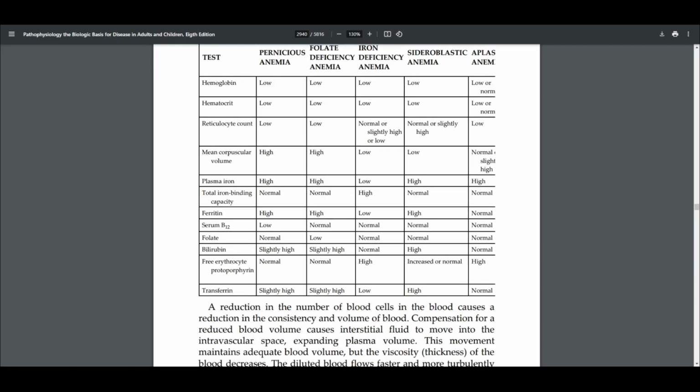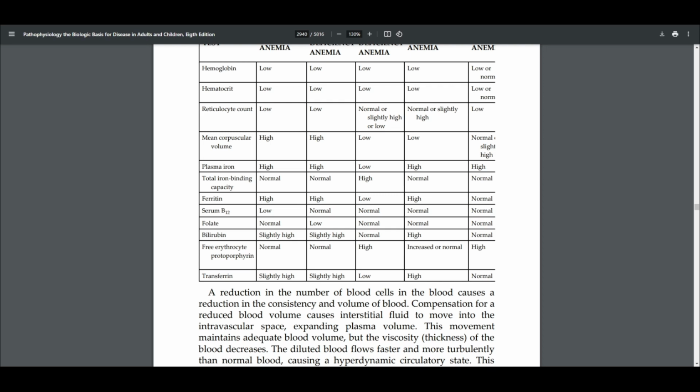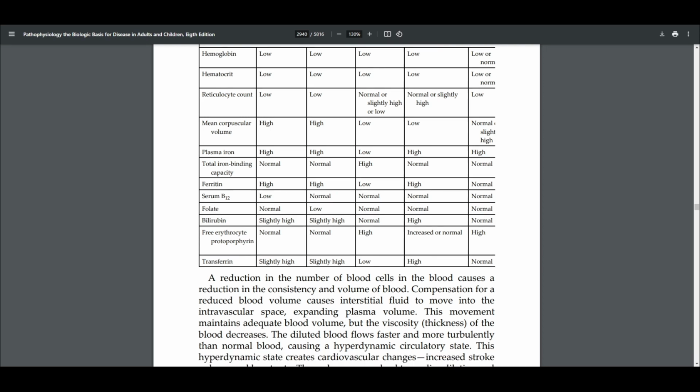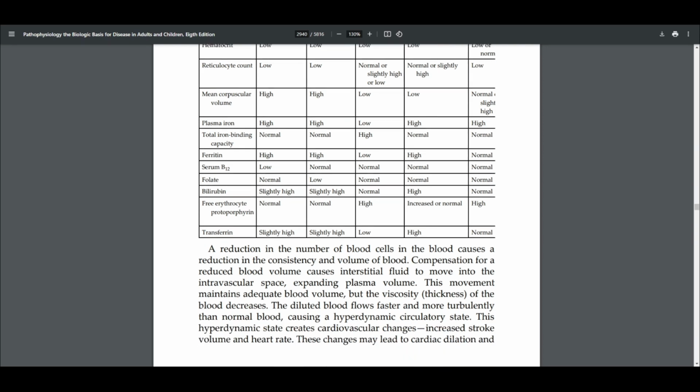A reduction in the number of red blood cells causes a reduction in the consistency and volume of blood. Compensation for a reduced blood volume causes interstitial fluid to move into the intravascular space, expanding plasma volume. This movement maintains adequate blood volume, but the viscosity, or thickness, of the blood decreases.